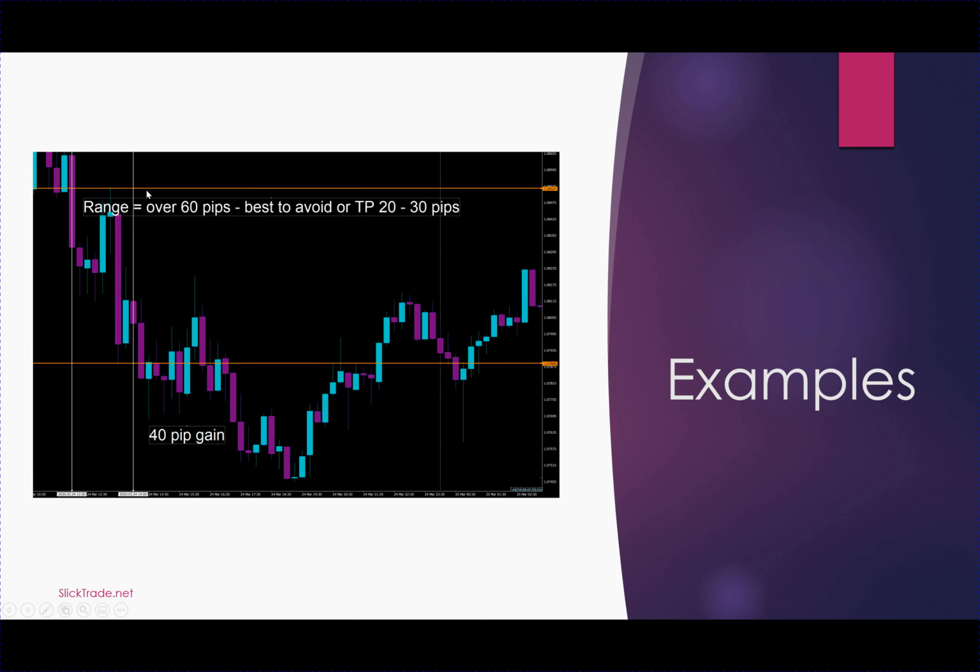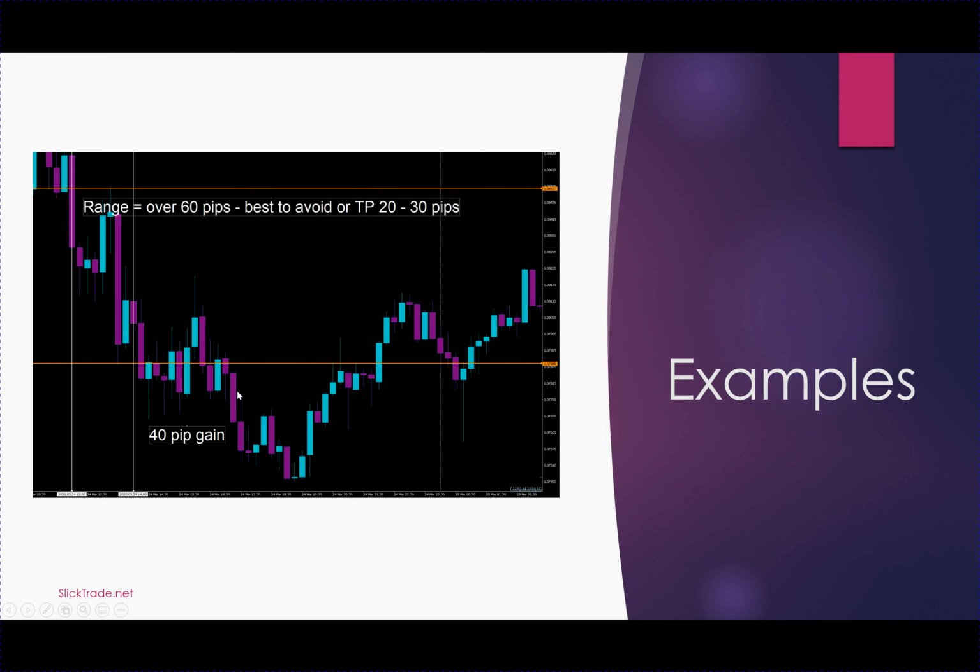So here, this range is over 60 pips. This identified range right here. So if you would have entered, it's best to avoid, or set your take profit to 20 to 30 pips. But if you had entered this and you had gone for a 1-to-1, you wouldn't have quite made it.